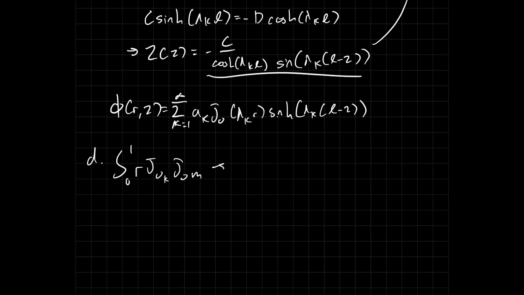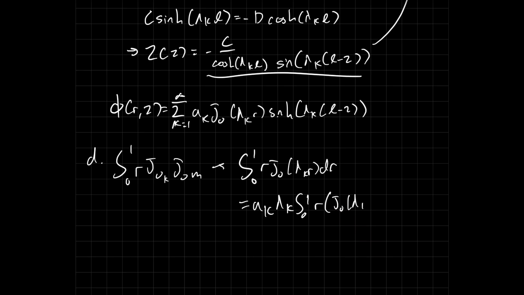So applying this to here, what we're going to be getting is the integral of r J0 of lambda k r dr equals A_k lambda k times the integral from 0 to r 1 of r times J0 of lambda r squared dr, and then times what we had before.